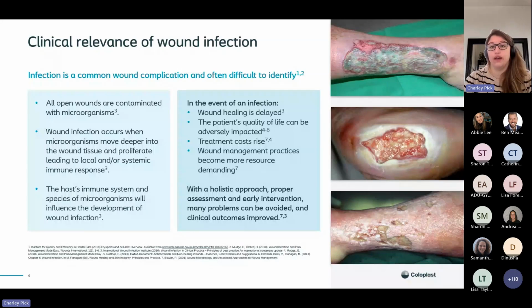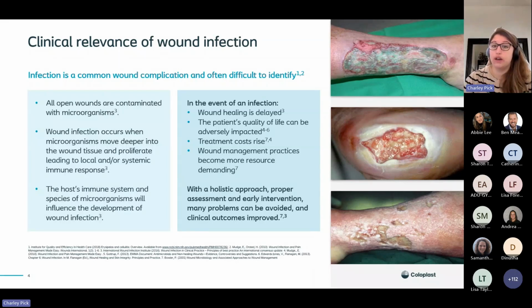So in the event of an infection, wound healing is delayed. And I'm sure you've all seen patients that have got hard to heal wounds that seem to be static, and it doesn't seem to matter what you're doing. It doesn't seem to get any better. But hopefully throughout today's presentation, you will see some of the steps that you can take to move those wounds that are hard to heal towards that healing trajectory.